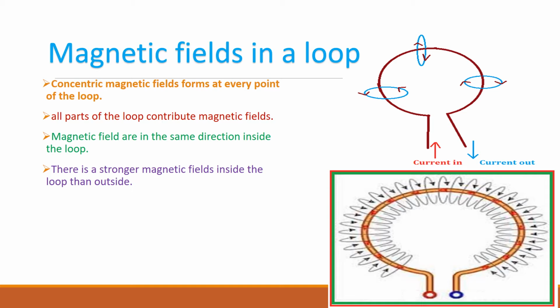The magnetic fields have the same direction inside the loop. This leads to a second conclusion, that magnetic fields are strongest inside the loop than outside the loop. Right?